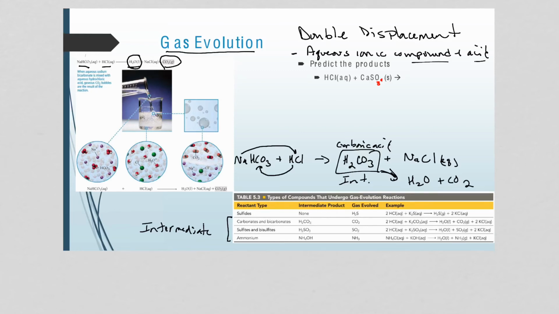So these are types of polyatomic ions that we should be familiar with. And upon reaction, they form these types of intermediates, which ultimately break down to a corresponding gas, either CO2 or SO2, plus water.